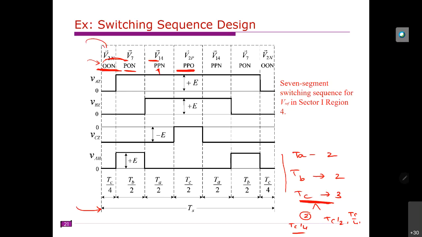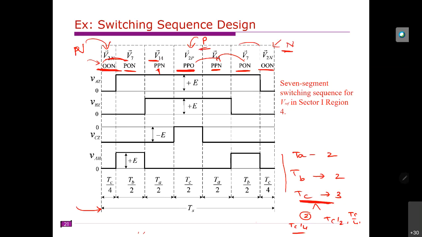Again this V14, so this is PPN, so only a change here, and this is V7, and here also only a change in the middle one, and it ends with 00N, again N type. Clear?